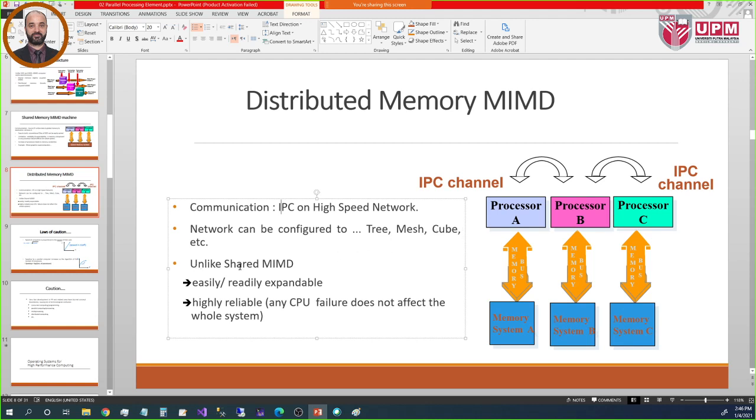Unlike shared-memory MIMD, this is easily and readily expandable, so we can expand the number of processors, also the memories and so on. This is highly reliable, because if a failure happens in one processing unit or one processing element, the other processing elements will continue functioning. So any CPU failure does not affect the whole system.